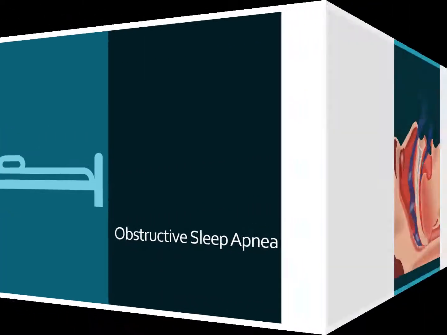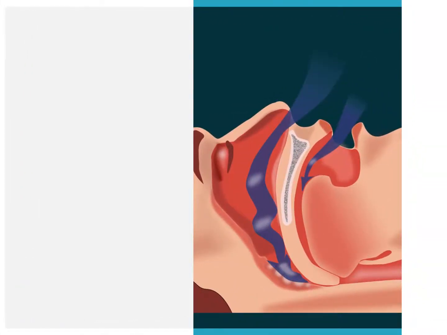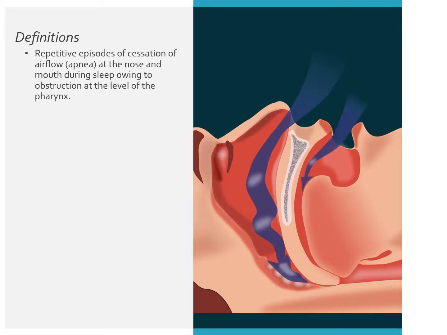So let's look very quickly at obstructive sleep apnea. So what is it? First off, it's a repetitive episode of cessation of airflow, known as apnea, at the nose and mouth during sleep.